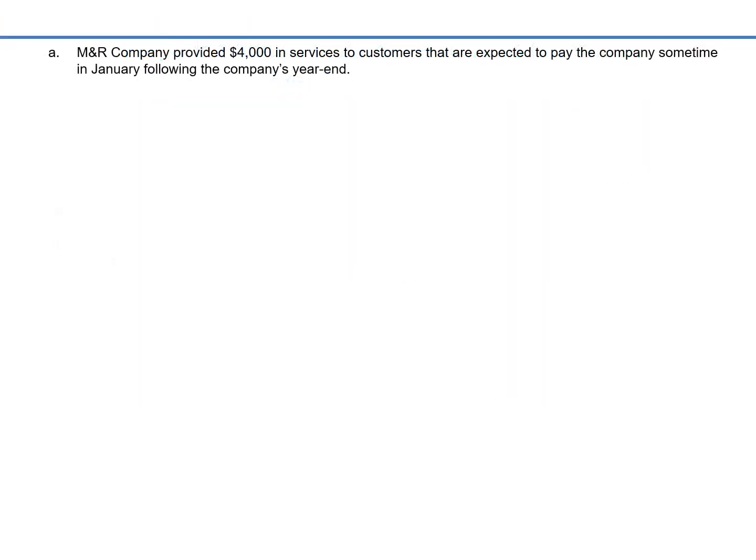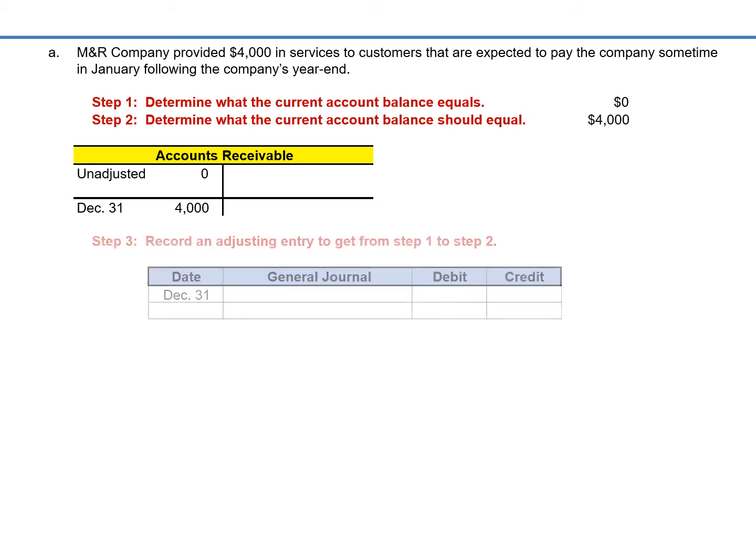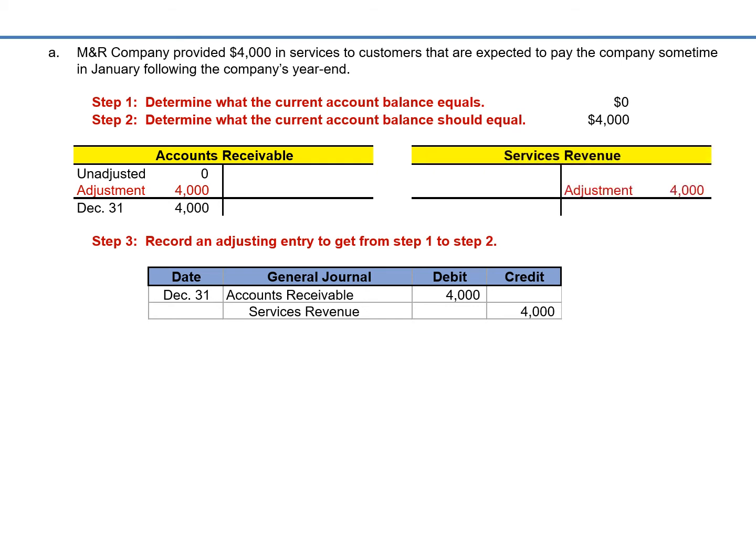Okay, M&R Company provided $4,000 in services to customers, and they're expected to pay them sometime following the company's year end. Well, we want to recognize that receivable, right? So our balance is zero, but it should be $4,000. To increase asset accounts, we debit accounts receivable $4,000, credit service revenue $4,000.